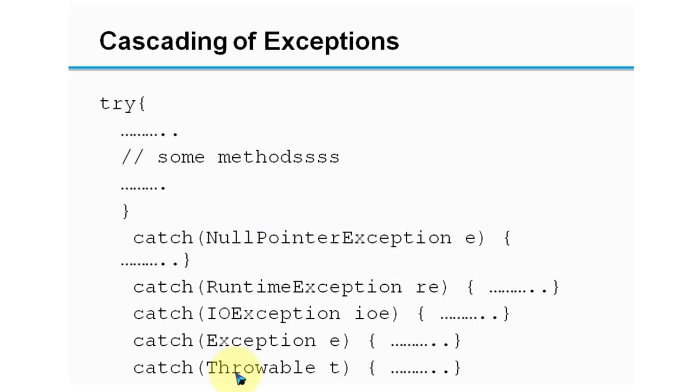Why? Because in this code, suppose any exception occurs and it will be thrown. If you directly write a Throwable catch block here, then if any type of exception is generated, the Throwable class can handle it. Why? It is a super class. A super class can hold the object of a subclass, right?